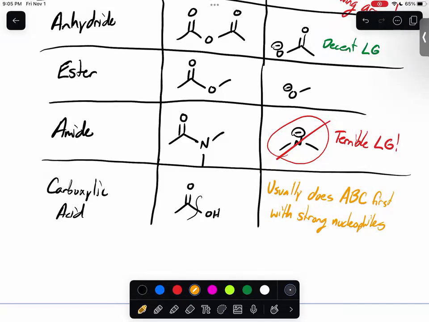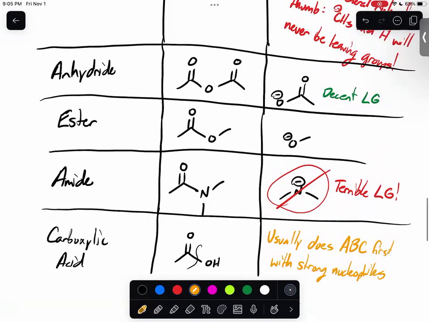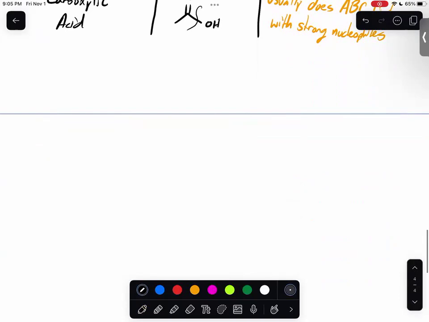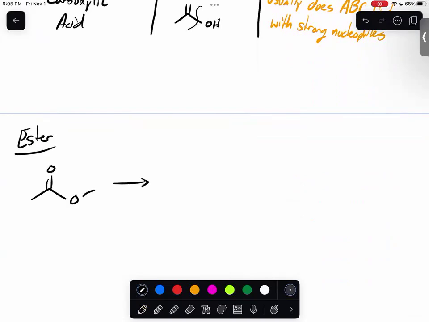Okay? So let's go back to this little statement that we made about the ester. I said that the oxygen that we kick out just has a negative charge, but I didn't say it was really bad. The question is why? Well, let's take a look at a reaction that we could do with an ester that would actually be favorable. And as a matter of fact, it's the same one we did with the acyl halide, right?